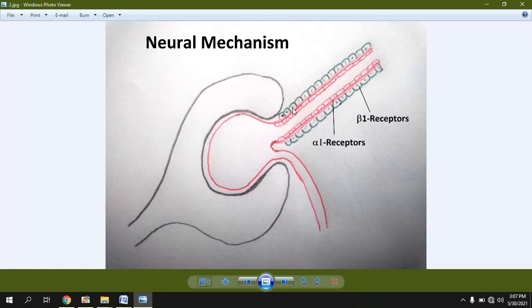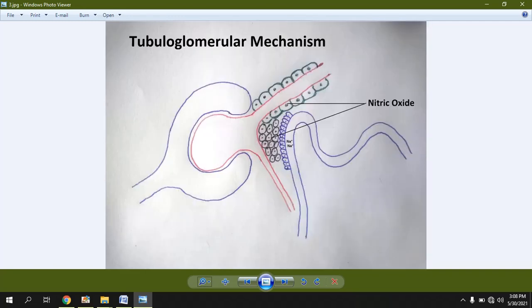You should focus that the neuronal mechanism is the mechanism by which the sympathetic nervous system decreases the GFR, and by which the sympathetic nervous system increases the blood pressure. Third mechanism is the tubulo-glomerular mechanism, the mechanism by which the tubule and the glomerulus modify the GFR.